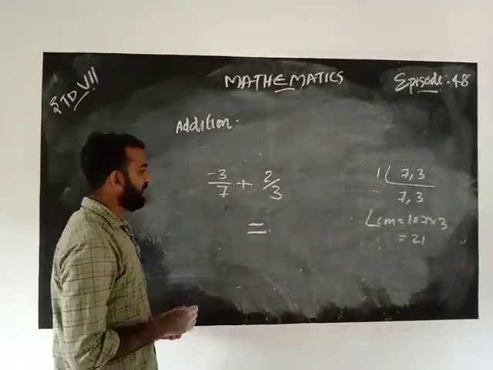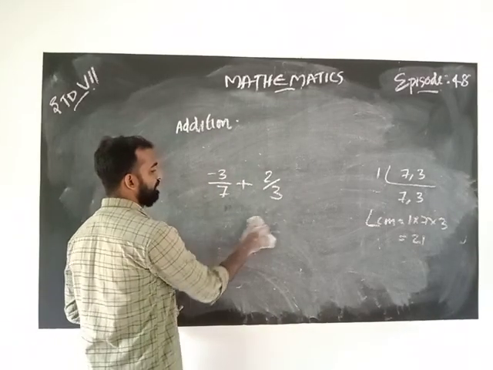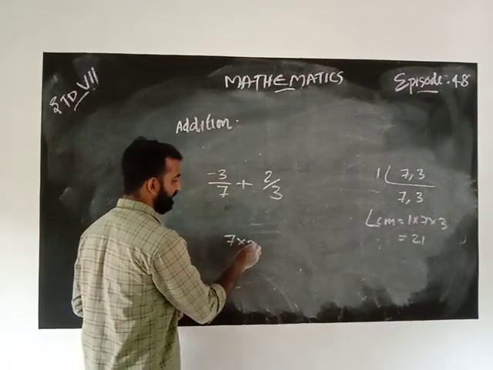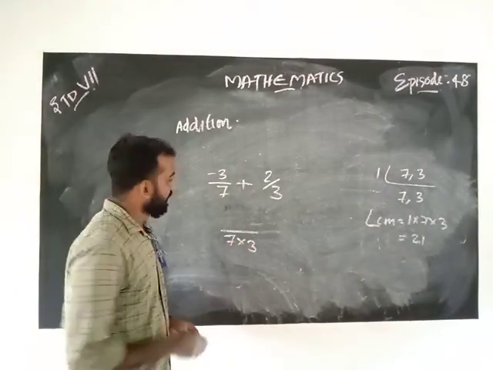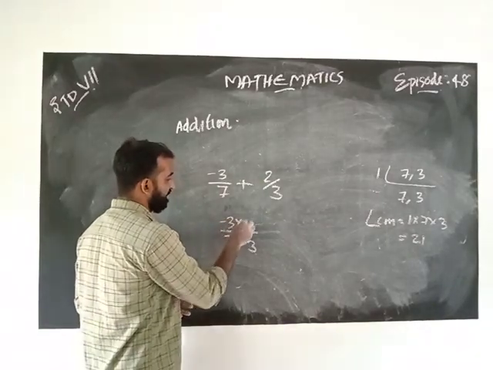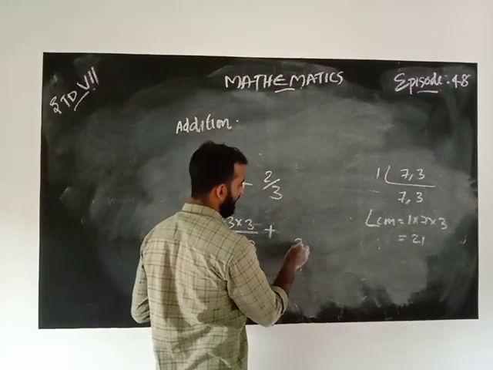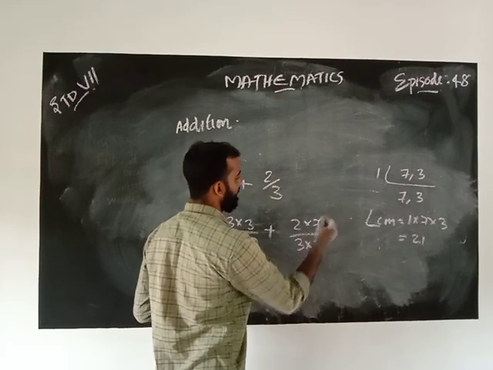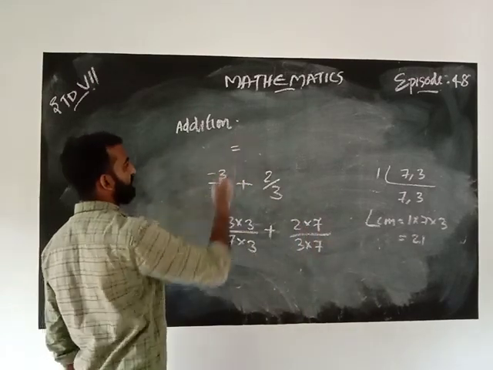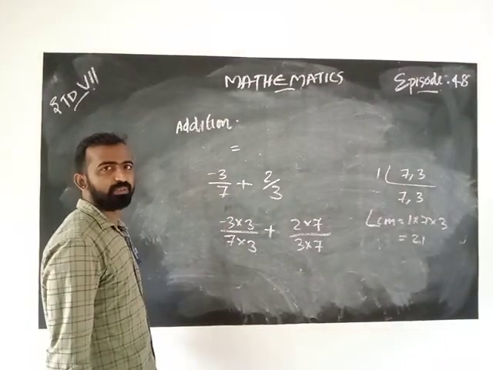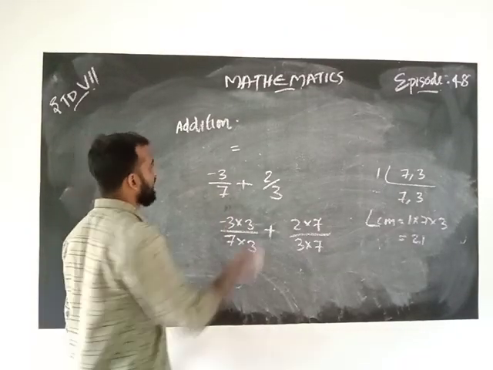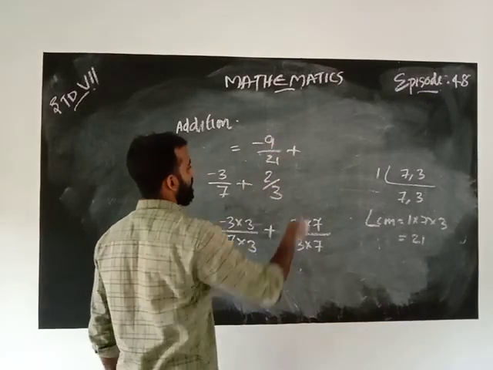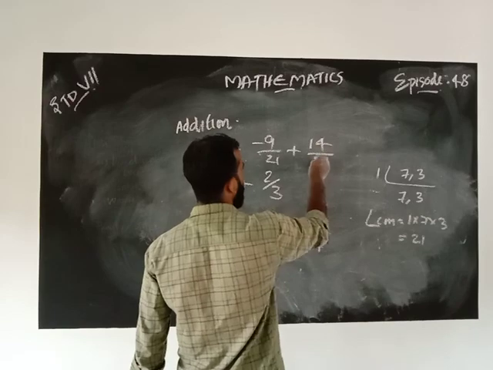We make the denominators equal to the LCM: 7 into 3 upon negative 3 into 3, plus 3 into 7 upon 2 into 7. We get negative 9 by 21 plus 14 by 21.